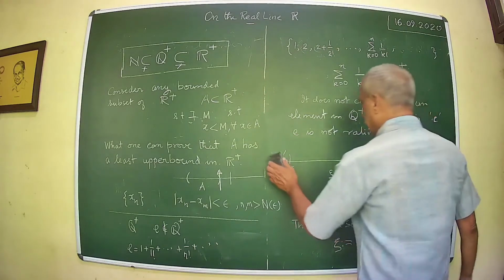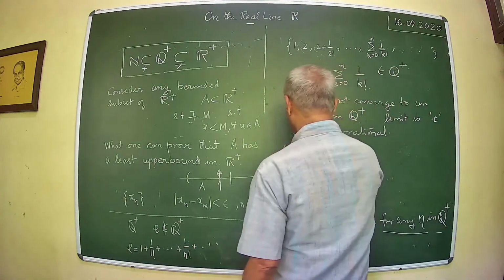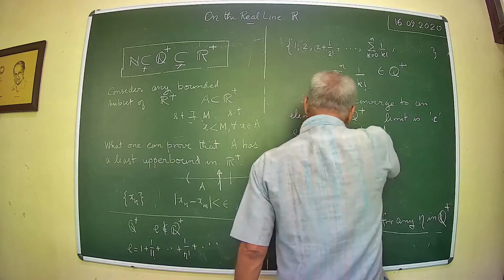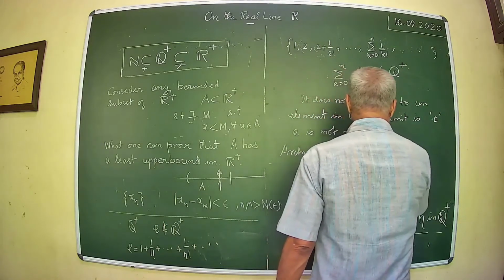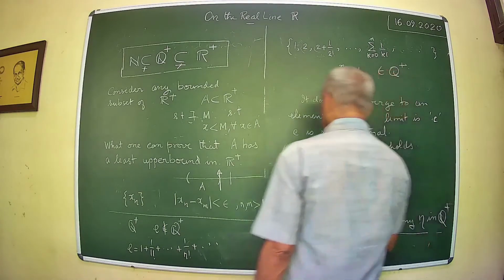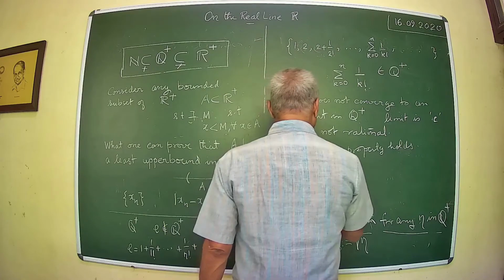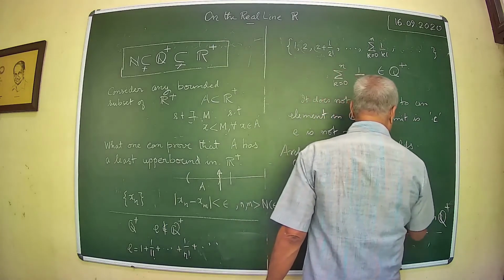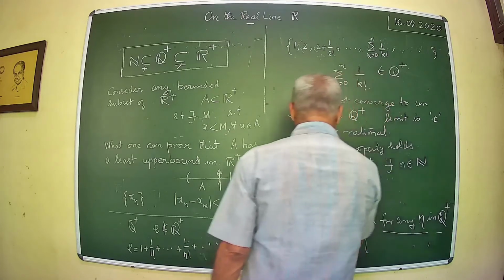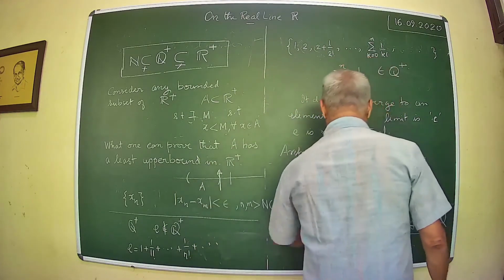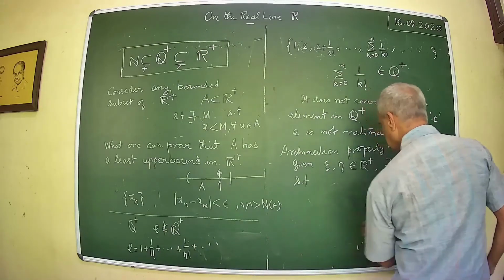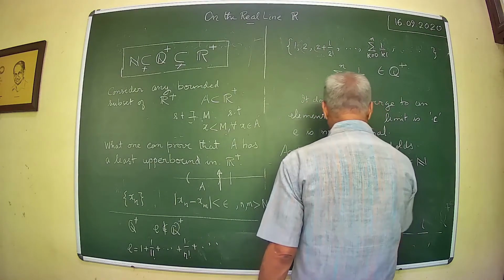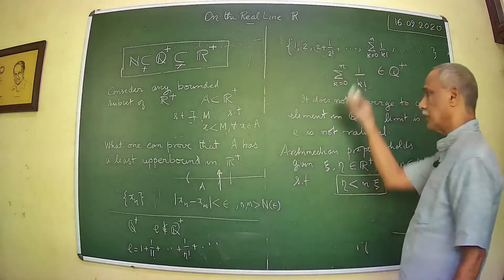Further, you can also prove the Archimedean property. That is, given psi and eta belonging to R plus, there exists an n belonging to N such that eta is less than n times psi. This is the extension of the same property that you have on Q plus.